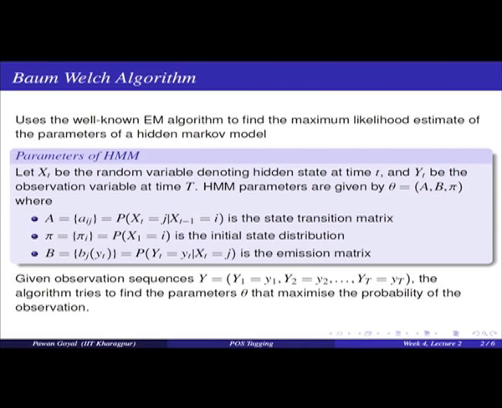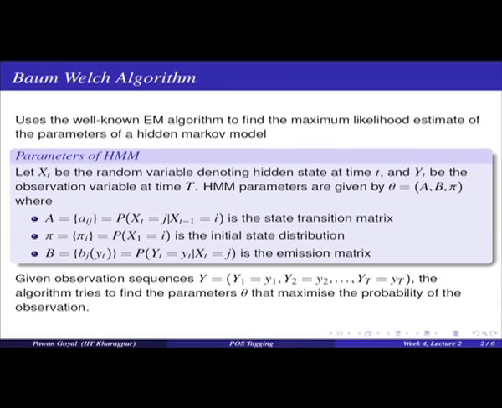Now what is given to me? We are given the corpus, not labeled, but the word sequences are given. So my observations are given, different sentences are given. I know what different words occurred in the sentences. So I am given a set of observation sequences: the first observation was the word y1, then y2, up to some yT, where yT denotes the end of the sentence.